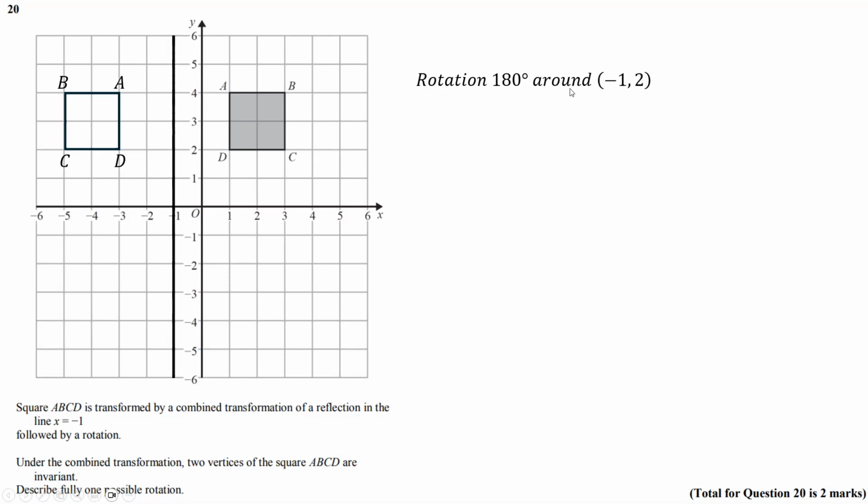But if you rotate 180 degrees around the point -1, 2, you'll see that 2 of the vertices map onto each other. So you'll get this. You'll have gotten this right. Okay, so this is your answer. You'll get 1 mark for saying rotation 180 degrees, and another mark for where you're rotating it around. Okay, there are 2 other answers, like I said.